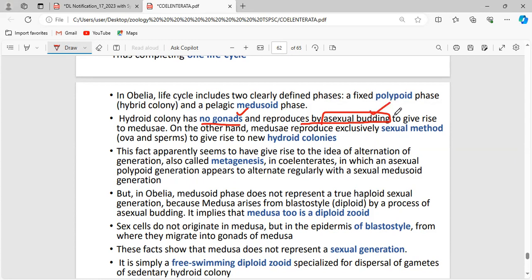Anyhow, that is an asexual reproduction. They give rise to what? Medusa. What type of reproduction is seen in medusa? Sexual reproduction. So what you have to understand is, the medusa which is going to perform the sexual reproduction will be produced by the asexual budding method. Are you clear or not?